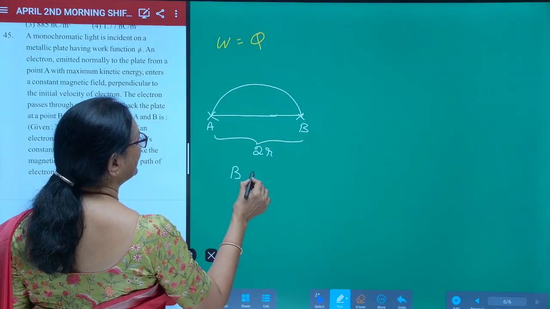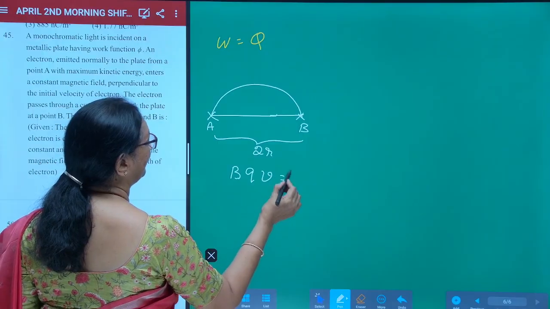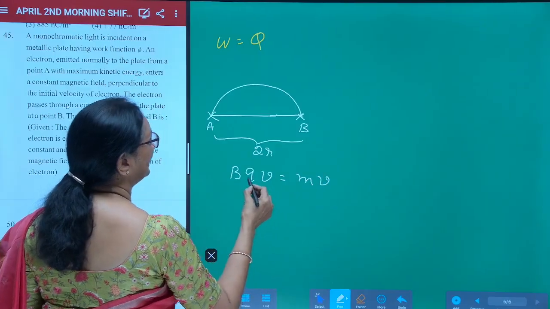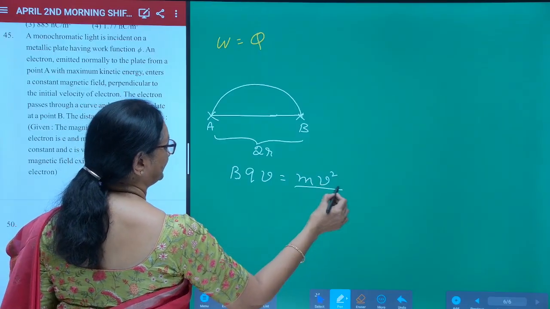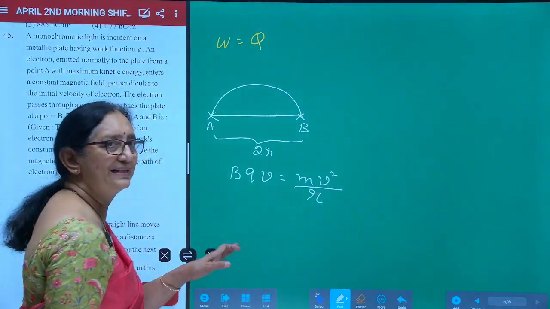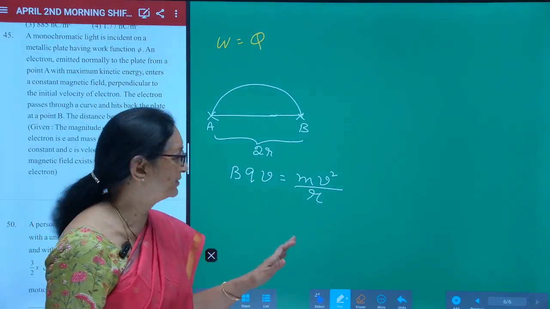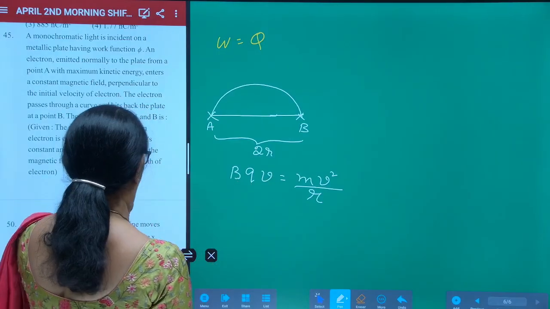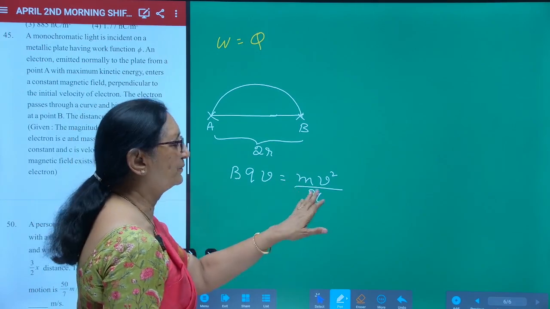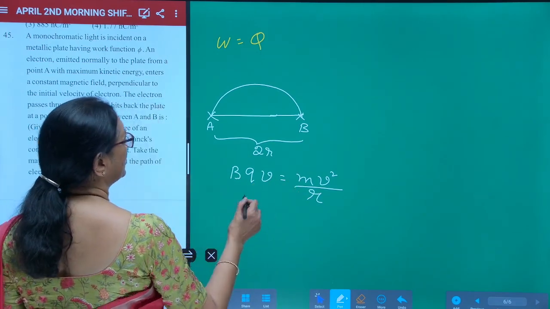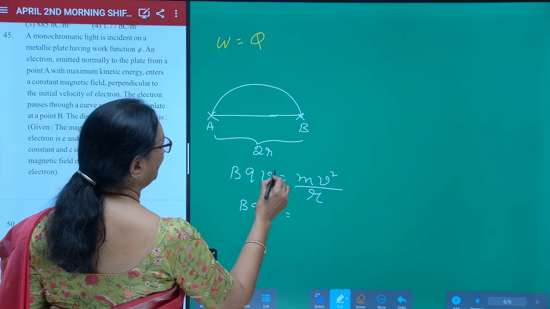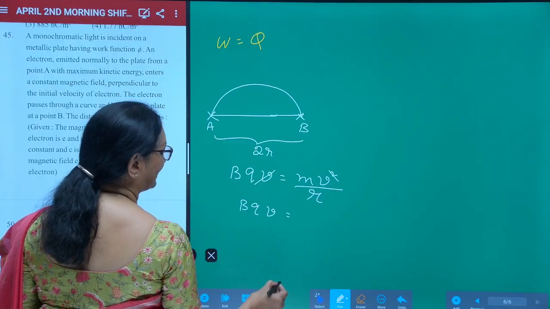When a charge enters into a magnetic field at right angles, the magnetic force provides the necessary centripetal force. So, BQV is equal to mv square by r, from which BQV is equal to BQV and gets cancelled.